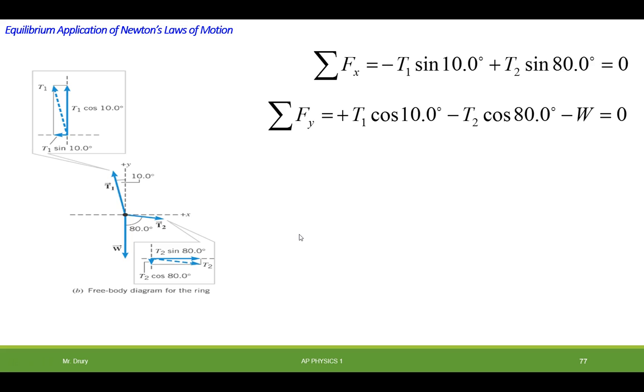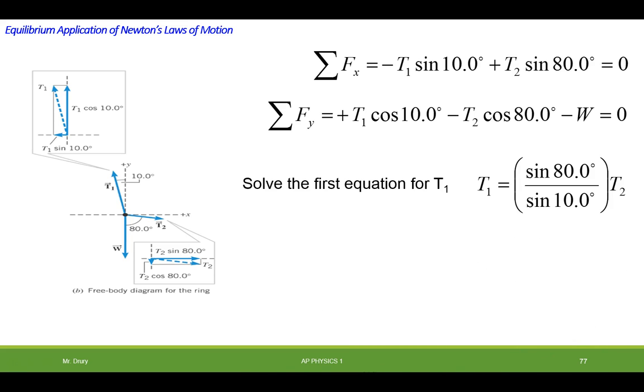All right, so we actually have two equations and two unknowns. So we're going to have to solve them simultaneously. So the first equation, the one up here, I'm going to solve for T1. And T1 ends up equaling this quantity here. If you need a moment to figure out how I did that, pause the video and look.